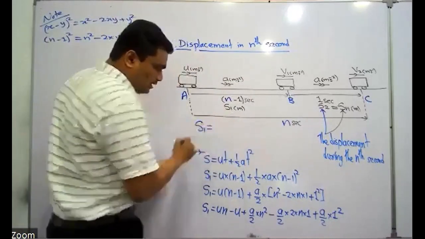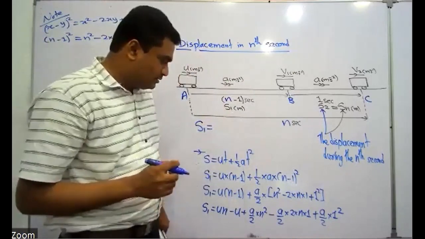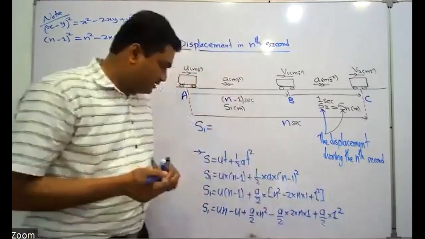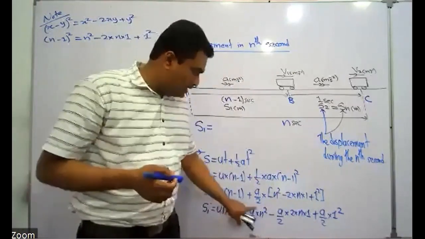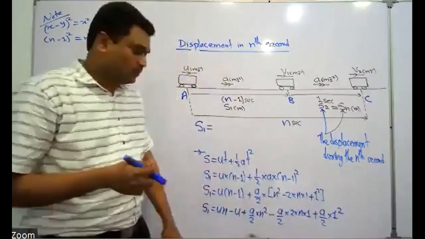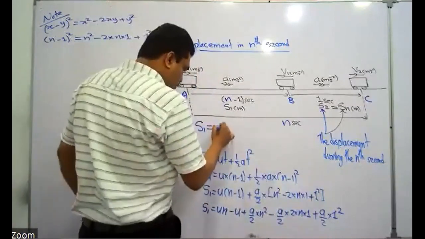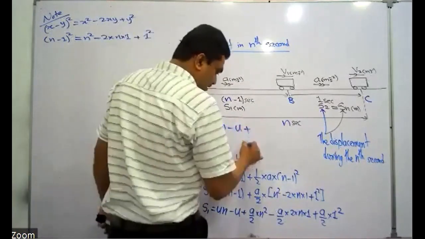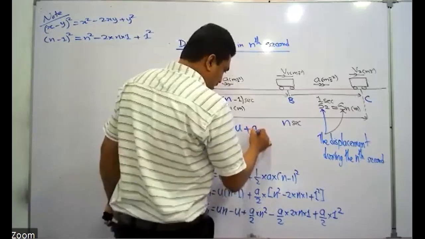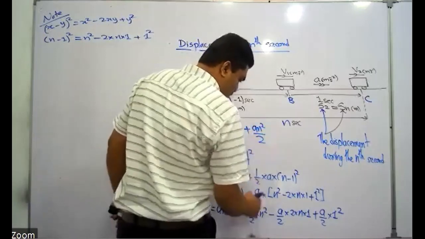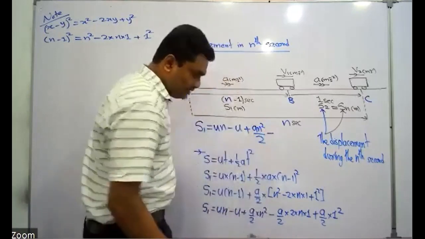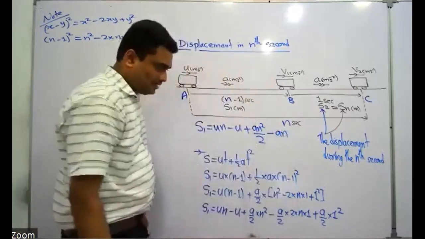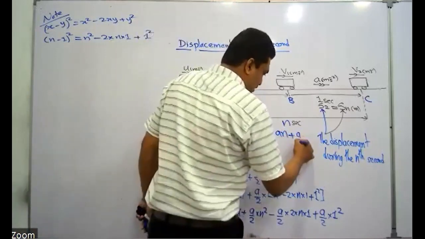So S1 equals, is it possible to cut any terms? un minus u plus a n squared over 2, minus a n, the 2 and 2 cancel out, plus a over 2.